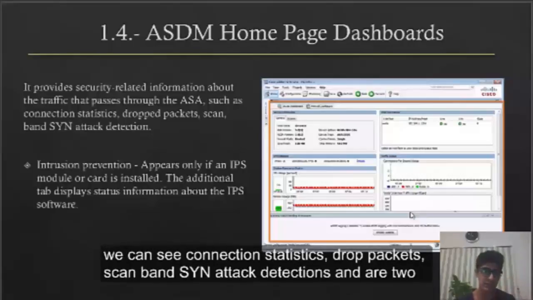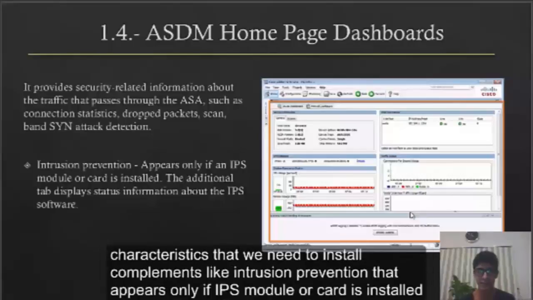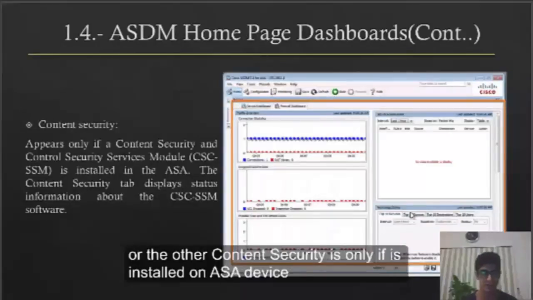We can see connection statistics, dropped packets, and scan and SYN attack detection. There are two characteristics that need add-on modules, like intrusion prevention, which you only see if the module is installed, and content security, which is only seen if it is installed in the ASA device.